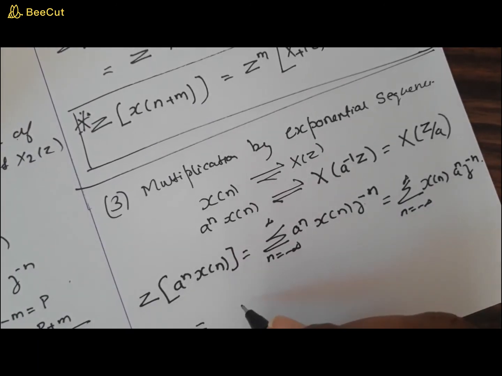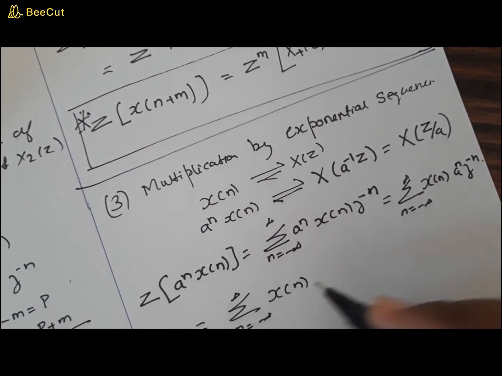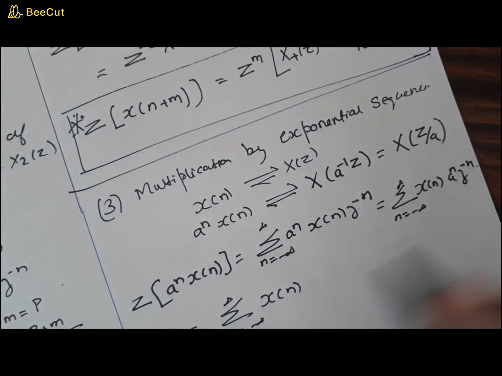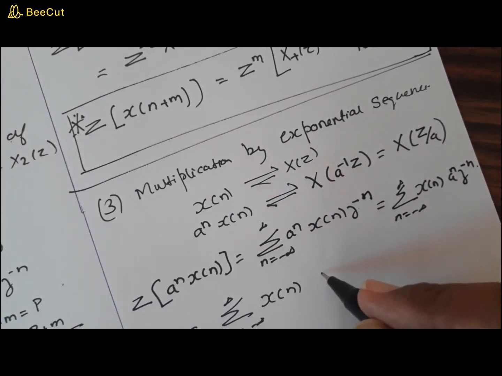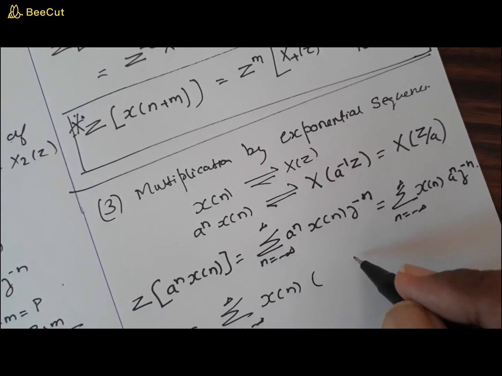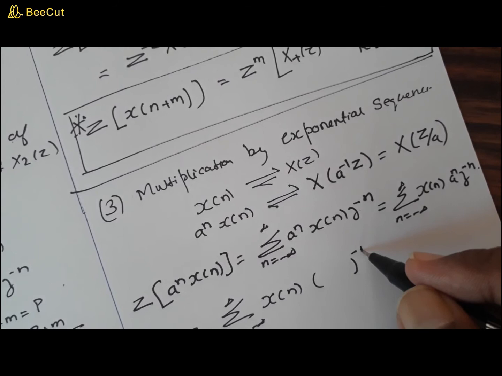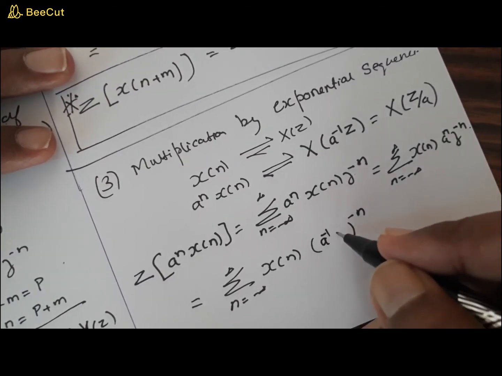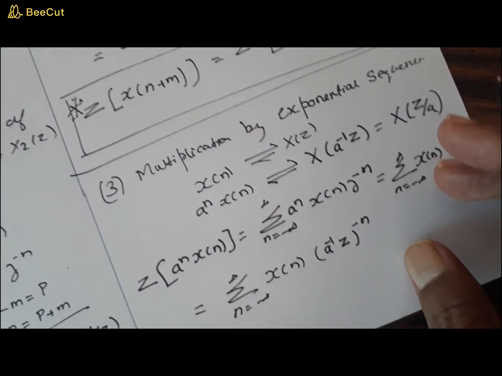Now the same expression can be written as the sum from n equal to minus infinity to plus infinity of x of n into something raised to minus n. We want to convert it into a Z transform equation, so x of n into something raised to minus n. If it wants to be like that, then it has to be a inverse into z. Now let us look at the expression of the Z transform.